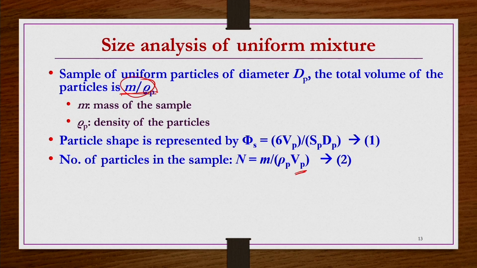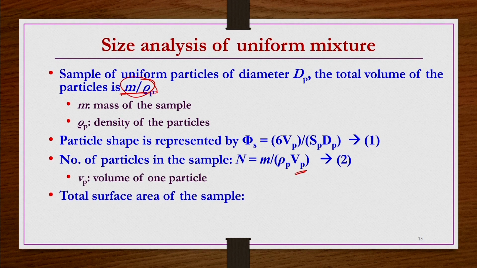So what you do is divide the total volume of the sample, which has the uniform particles, by the volume of one single particle, and you get the total number of particles present in that sample. So m by rho p is the total volume of the sample, and Vp is the volume of the single particle, right. Then you can get the number of particles present in that sample.